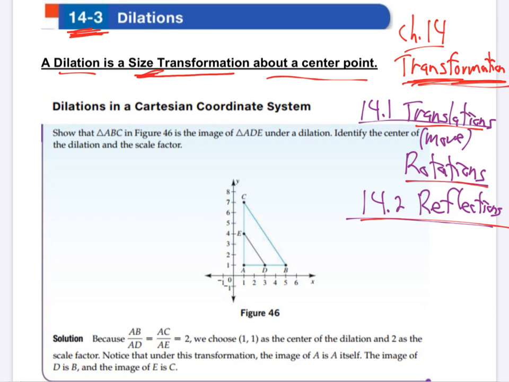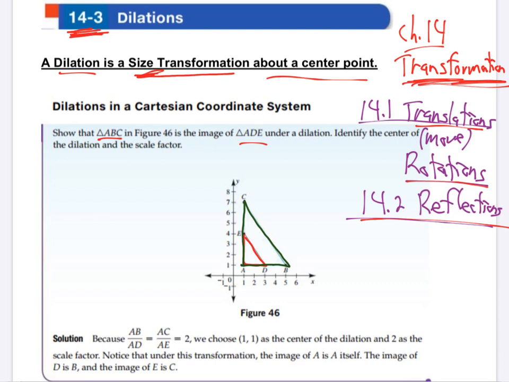Okay, well, what is it? What's a dilation? Notice triangle ABC and triangle ADE. So if you start with ADE, that little triangle, and then if you expand it to be this bigger triangle, ABC, see how ABC is just an expansion of the little triangle ADE?